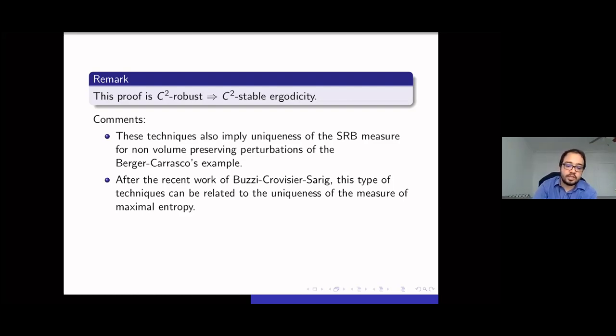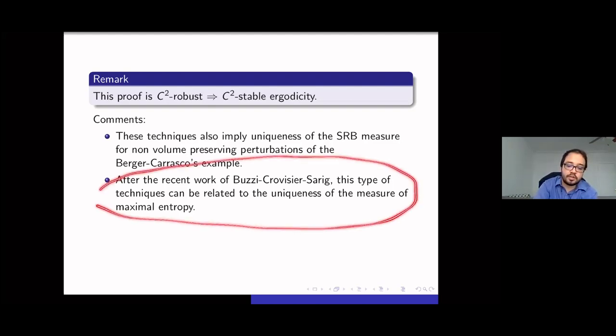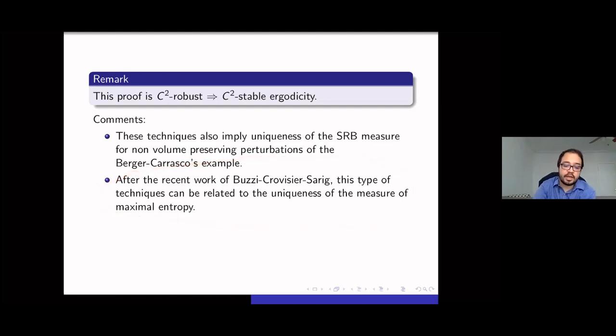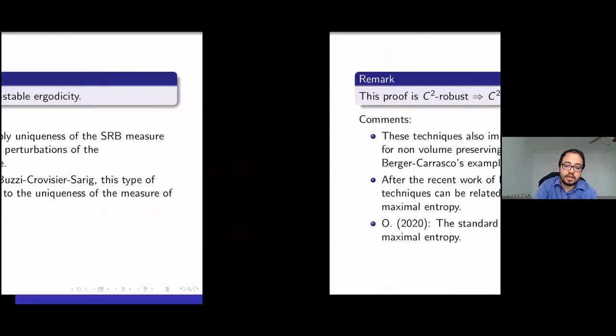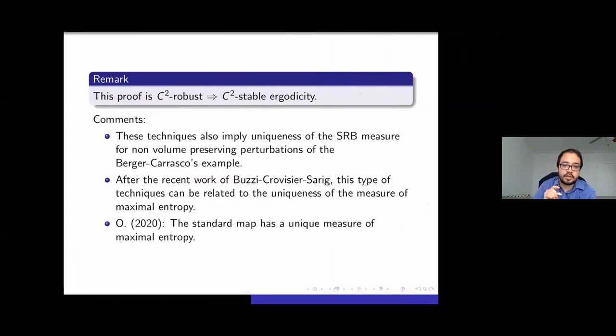And so these type of things can be related to proving uniqueness of the measure of maximal entropy. And actually, with this idea in mind, recently I could prove that for the standard map itself, the map has only one measure of maximal entropy. So it's something that, like, you have this skew product, but can you say something about the standard map itself? And the answer is yes. With this type of technique, you can go back to the standard map, but looking at measures of maximal entropy.